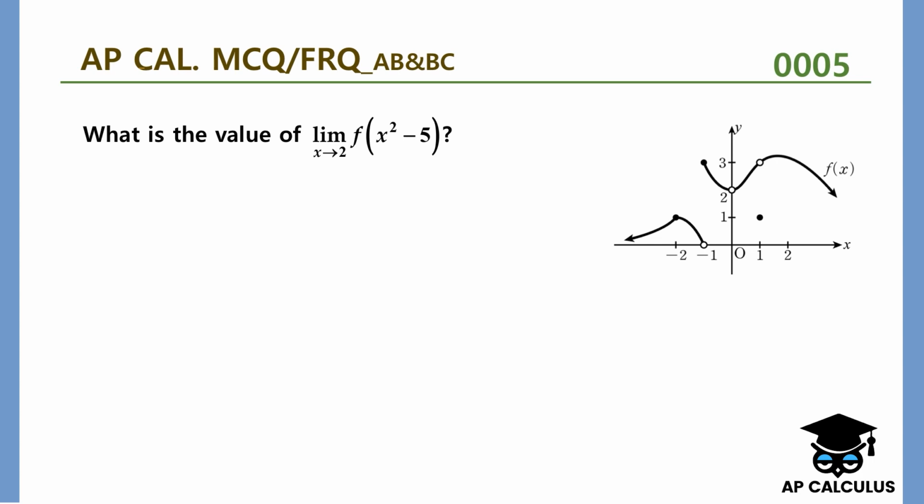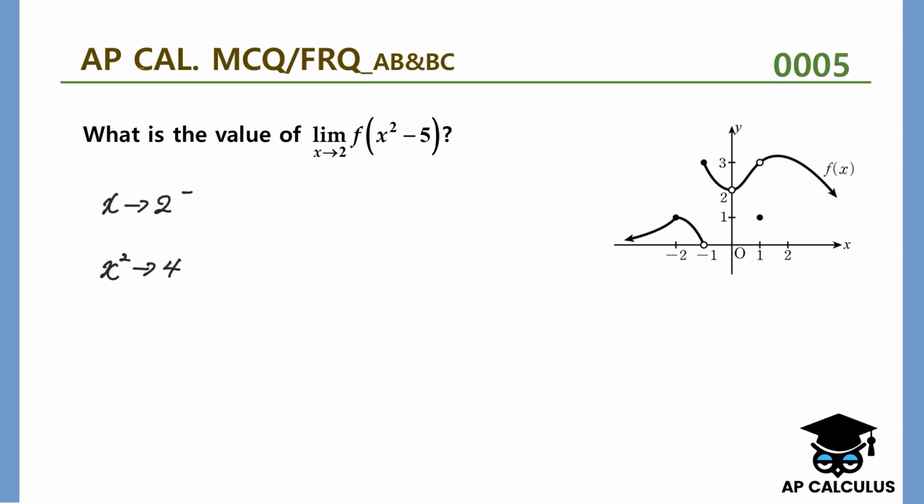Question number 5. What is the value of the limit as x approaches 2 of the function f of x squared minus 5? Okay, let's say x approaches 2 from left hand side. Then what about x squared? x squared approaches 4, right? But is it from left hand side or right hand side?